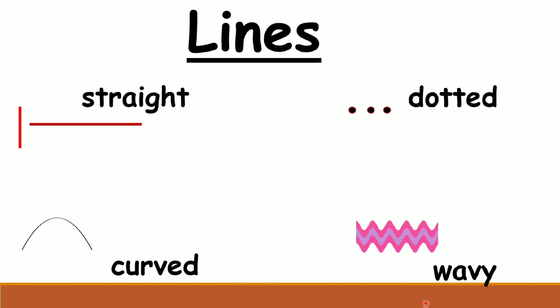And lastly, we have our wavy line. So we looked at straight lines, we looked at curved lines, we looked at dotted lines, and lastly, we looked at wavy lines.